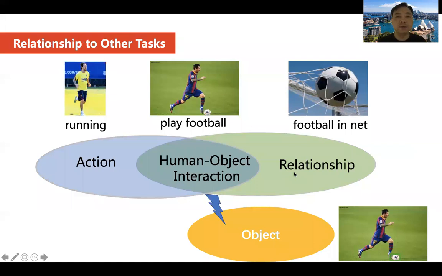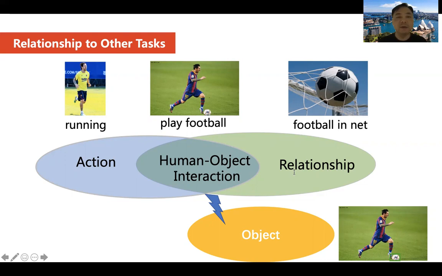HOI has a close relationship to action understanding and visual relationship understanding. On one hand, HOI is closely associated with action understanding. Action understanding contains pose recognition, such as standing, running, and human-object interaction. In our daily life, action usually involves various kinds of objects, such as play football. That is, human-object interaction.